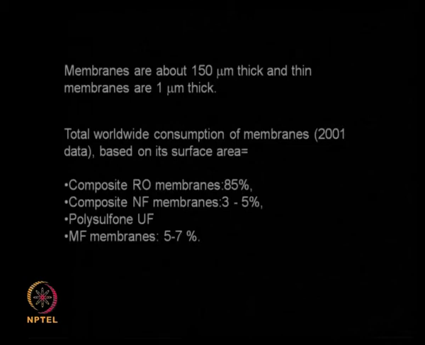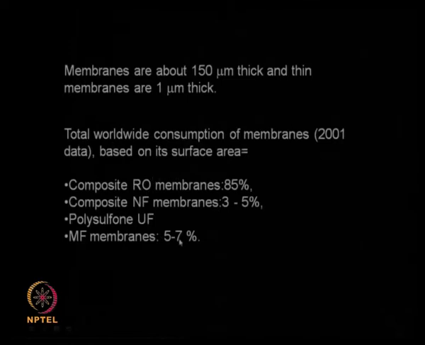So membranes are about 150 micron thick, and you also have thin membranes which are 1 micron thick. That means you can have really very thin polymeric material which can act as a barrier. If you look at the total worldwide consumption of membranes, this is 2001 data based on the surface area: 85% is RO membranes, that means reverse osmosis composite membranes, and then you have the nanofiltration membranes, again made up of composite material, polysulfone membranes and then microfiltration membranes.